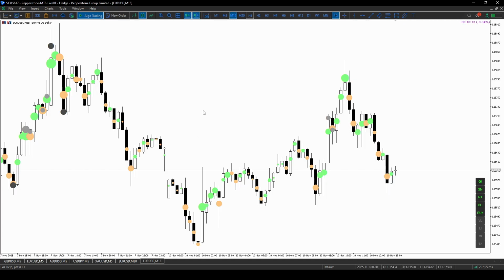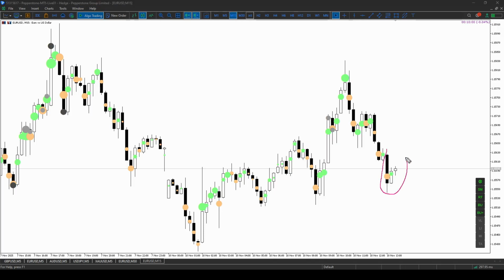So sometimes it takes time to download the data before displaying the bubbles. Okay, so now here we can see small trades. You can clearly see there's a big candle, but inside the big candle there is a small trade.